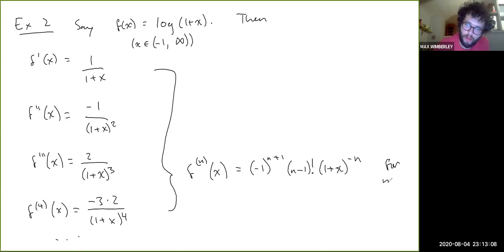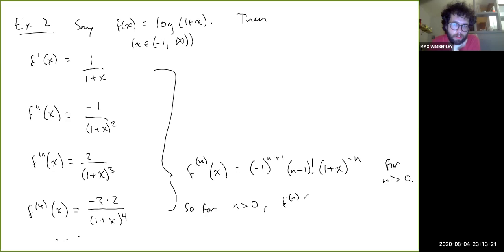This is for n greater than 0, right? So for n greater than 0, f^(n) of 0 is (-1)^(n+1) times (n-1) factorial, okay?